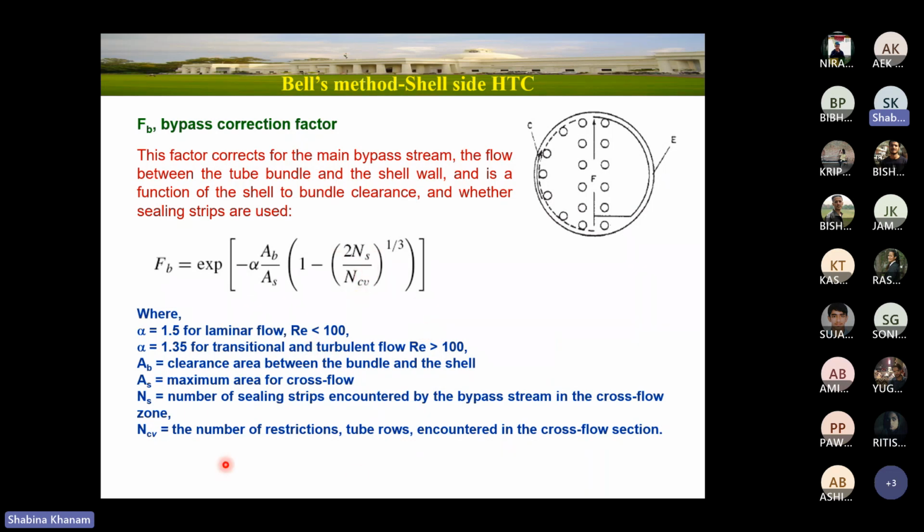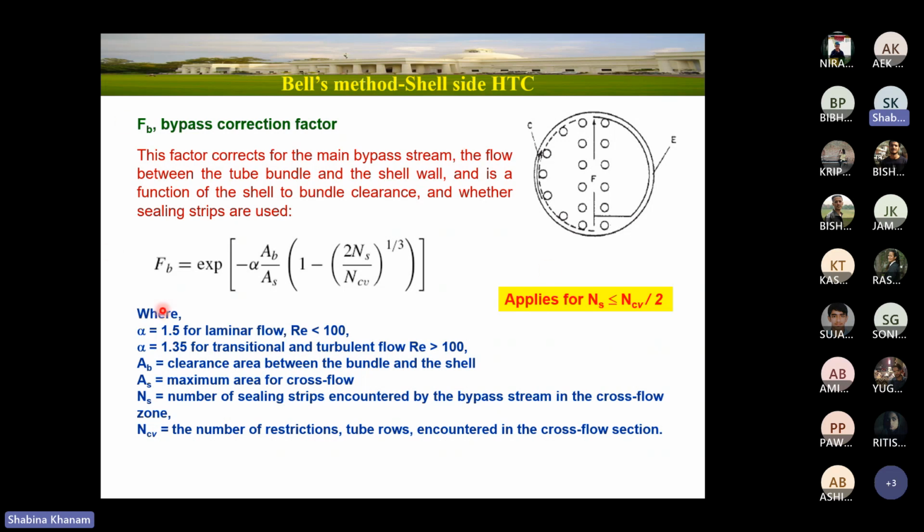NCV is the number of restrictions in the cross flow zone, that we have already discussed previously in the FN correction factor. So the condition is NS should always be less than or equal to NCV by 2. If NCV is 12, NS should not be more than 6. Like that you can put the NS value.